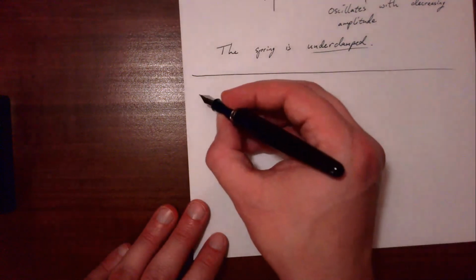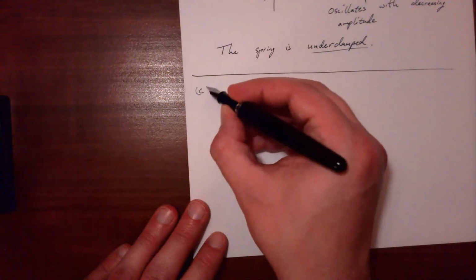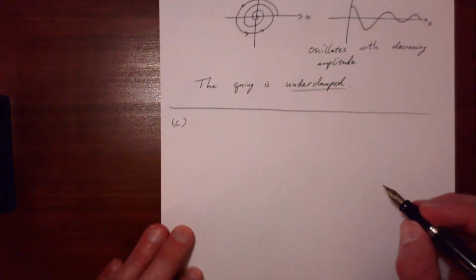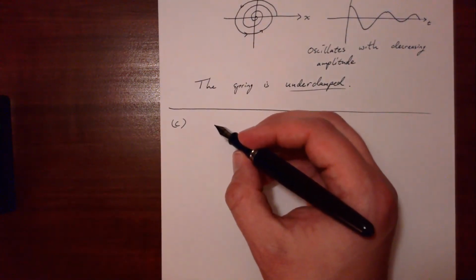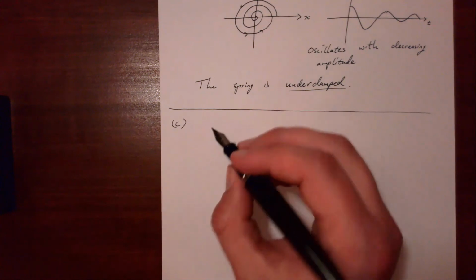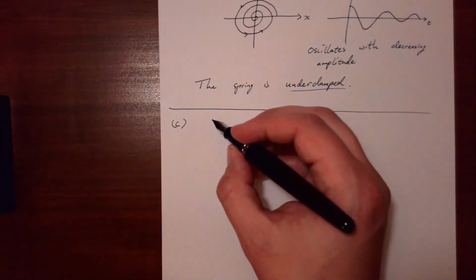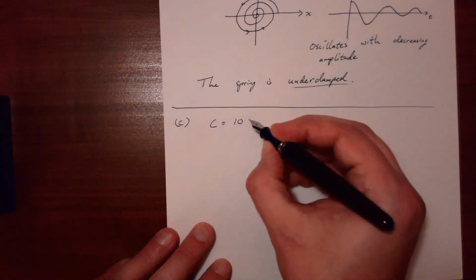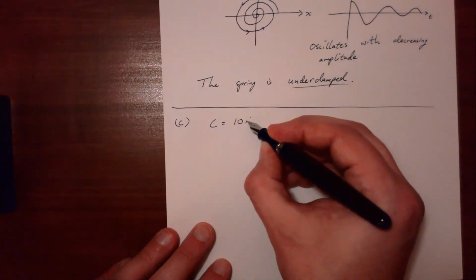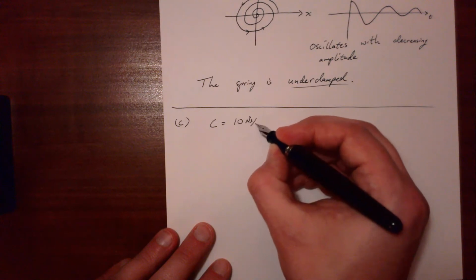Okay, now let's look at the case of a third value here, and in particular, now let's take C equals 10, and these are Newton seconds per meter again.